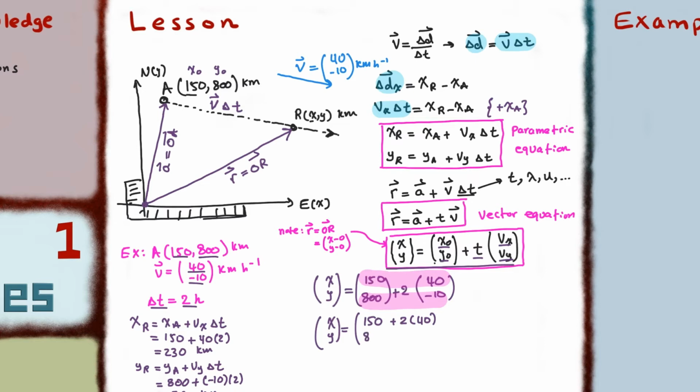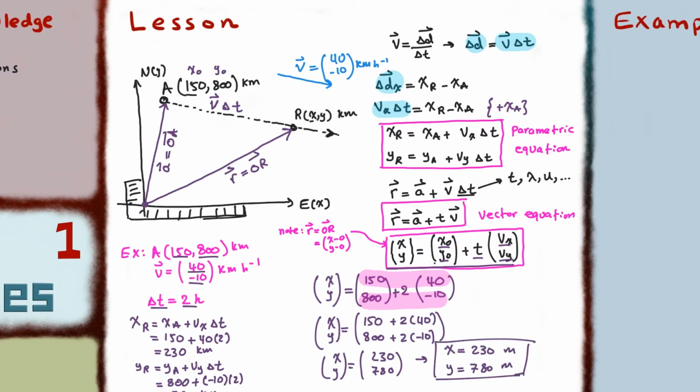So 150 plus 2 times 40 and 800 plus 2 times negative 10, giving us an x and y position for our final point being 230 and 780 kilometers. So I have the units incorrectly there. It should be kilometers, and x should be in the east direction and y should be in the north direction.